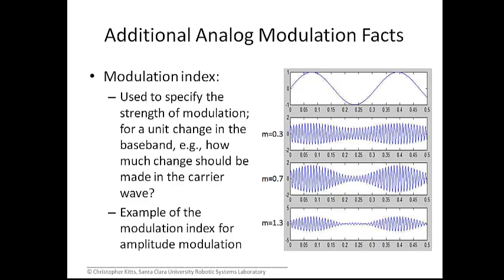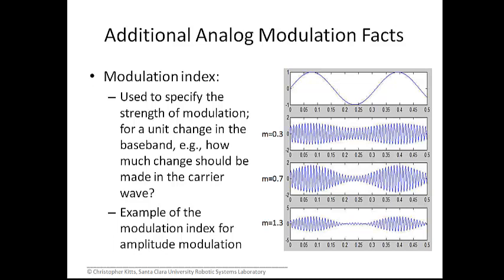You can see an example of changing the modulation index for amplitude modulation. The math is more complicated than what I want to go into here in the presentation, but I think the graphic sort of speaks well to the effect. As I increase the modulation index, and you can see the original baseband there, you can see how more and more drastic the change in amplitude of the carrier wave is for an amplitude modulated wave.